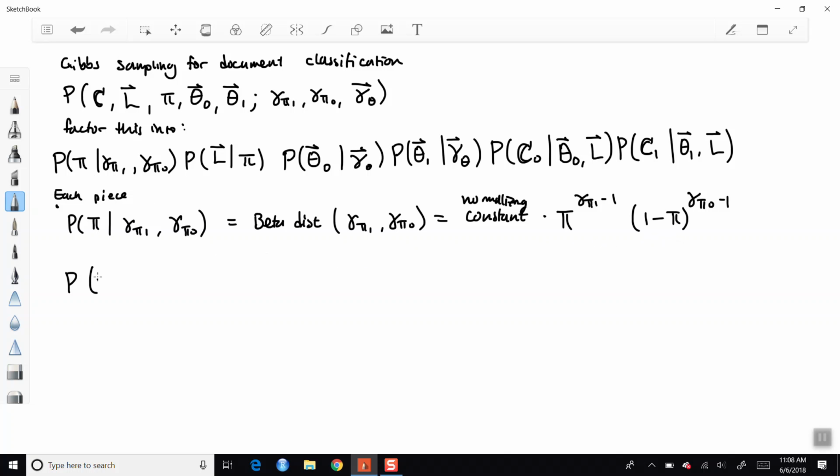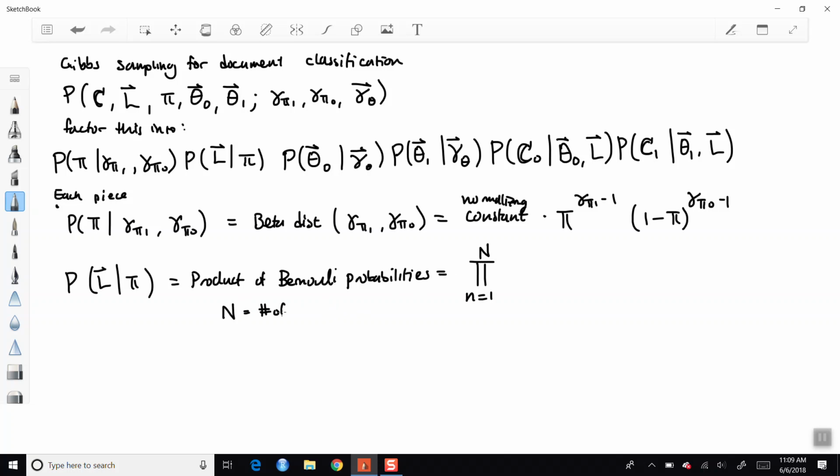And then we've got the labels coming from a Bernoulli distribution. So this is going to be a product of Bernoulli probabilities. So this is going to be the product from n equals 1 to capital N, where N is the number of documents.